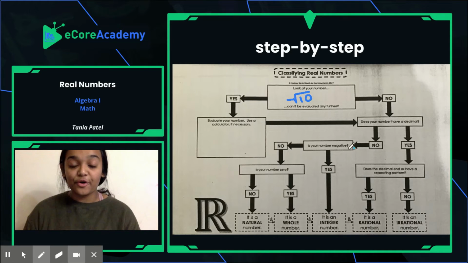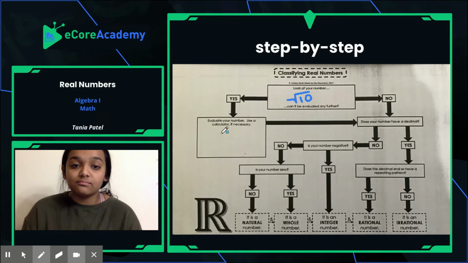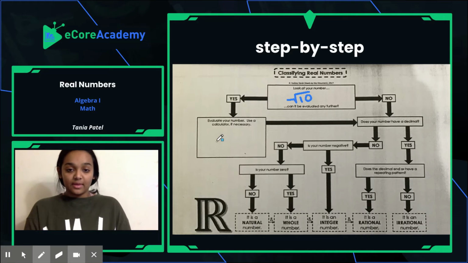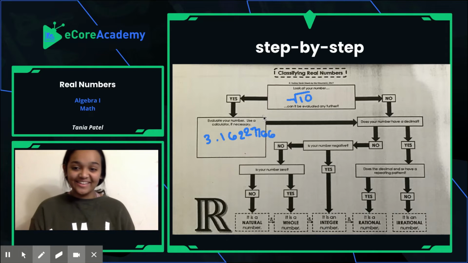You don't need a TI, so you can also use a basic Algebra 1 calculator. When you plug it in, you will get the result of 3.1622766, and it goes on.